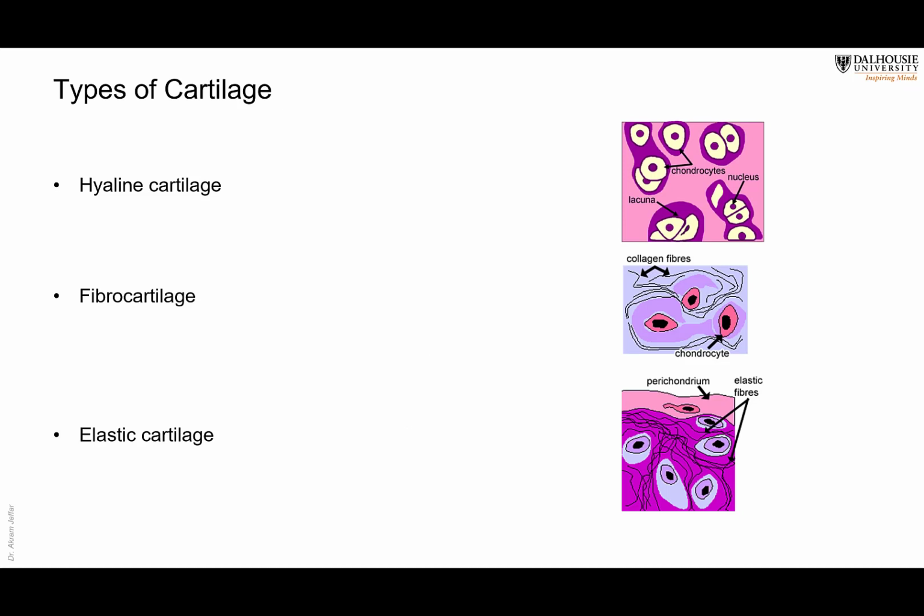As I mentioned, there are different types of fibers in the cartilage. So it is either hyaline cartilage when it contains thin collagen fibers, or fibrocartilage when it contains thick bundles of collagen fibers, or elastic cartilage when it contains elastic fibers predominantly.